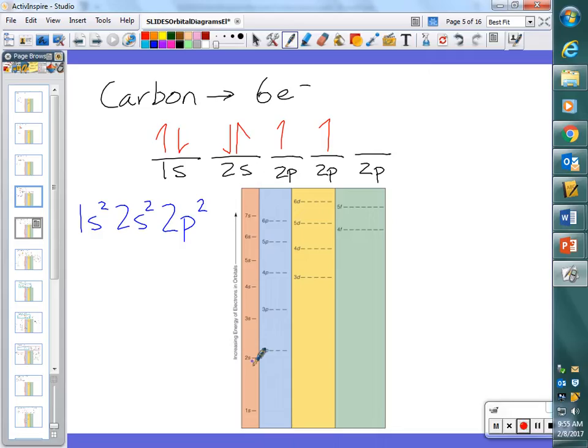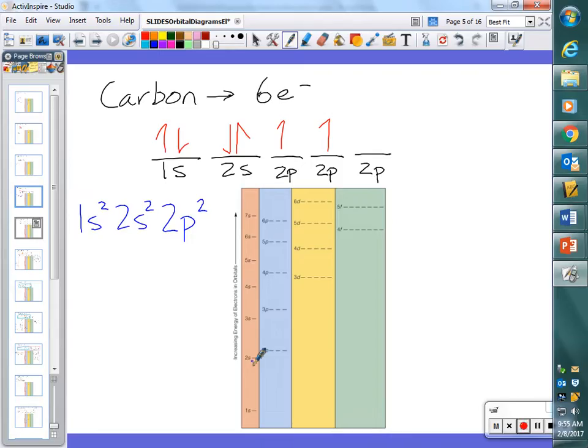Now, looking at carbon, the electron configuration doesn't show us as much detail, right? What two rules of orbital filling does the electron configuration not really show us?